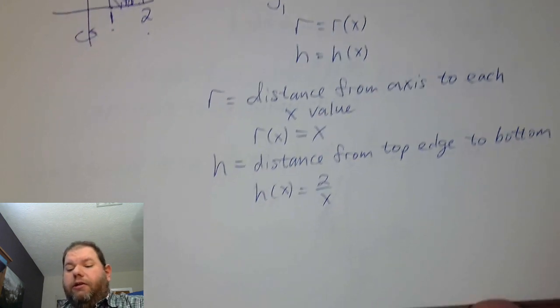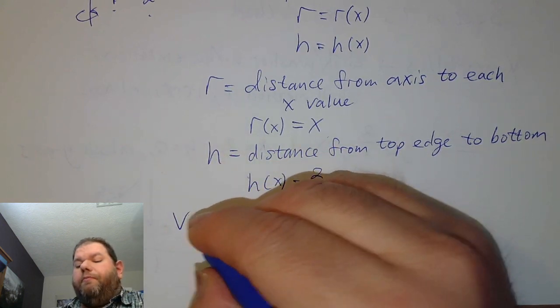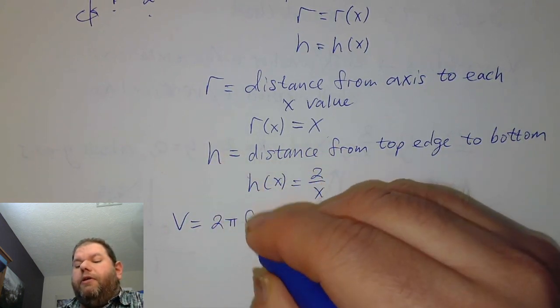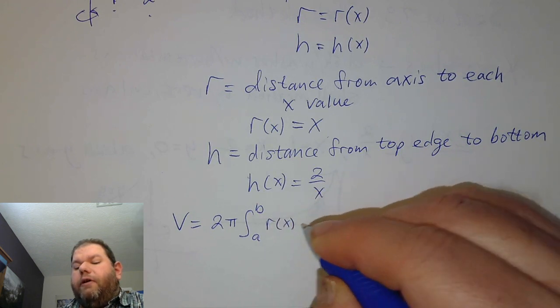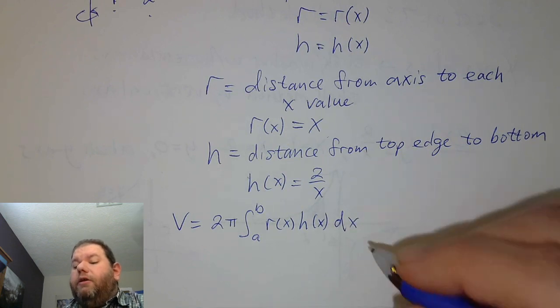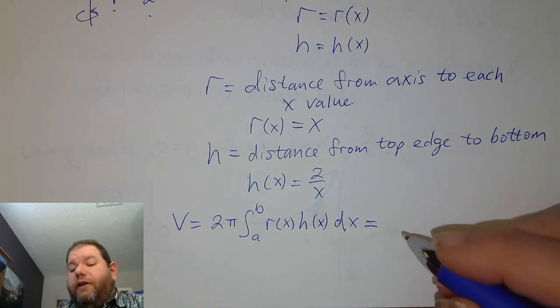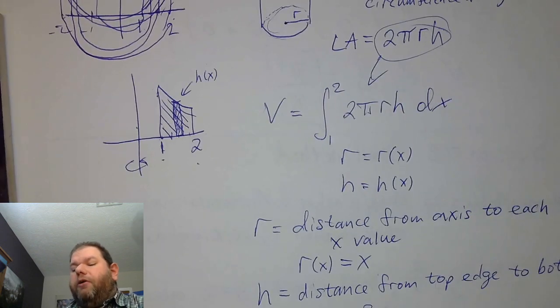So finally, we know volume is 2 pi integral a to b of r of x times h of x dx, which for this particular example, a to b are the limits of integration.